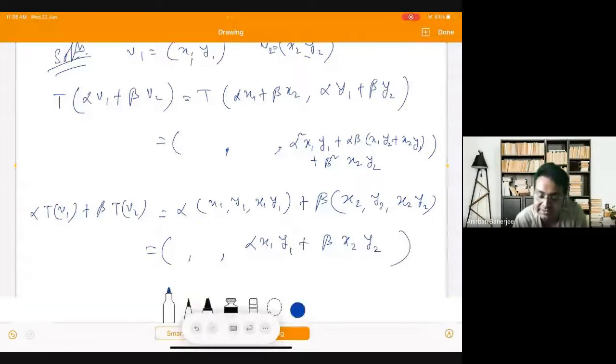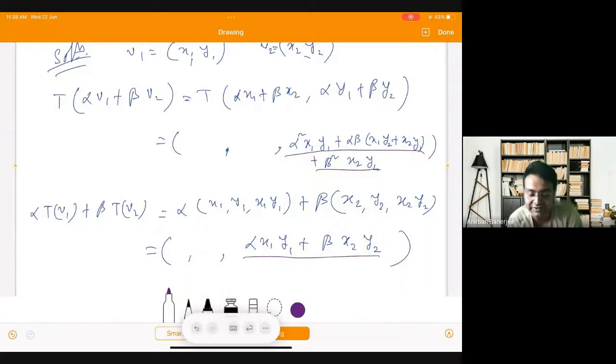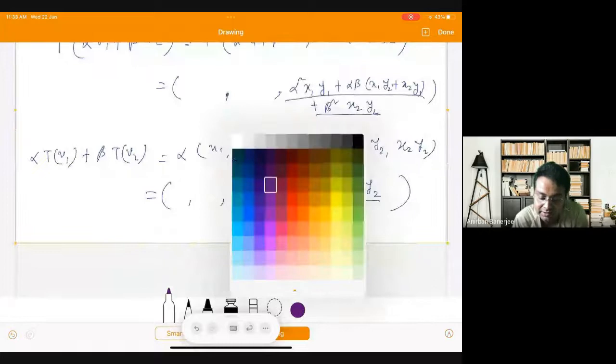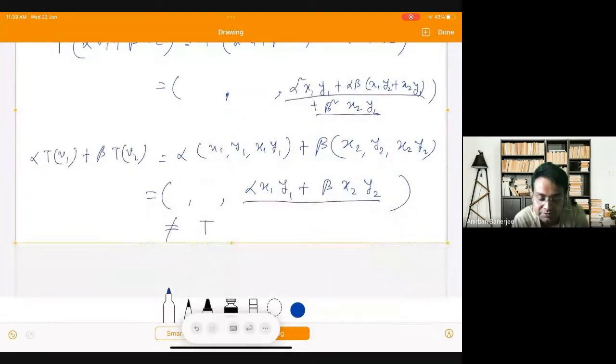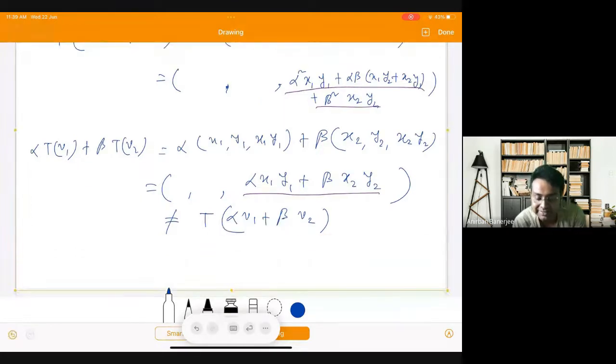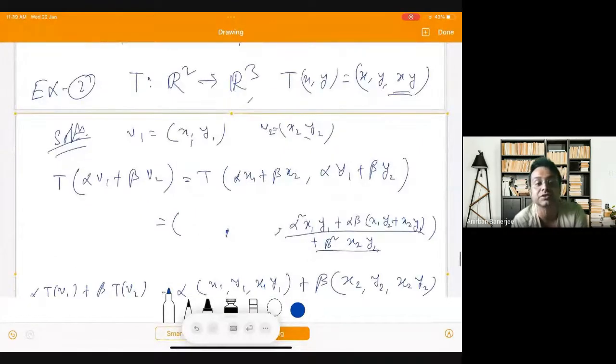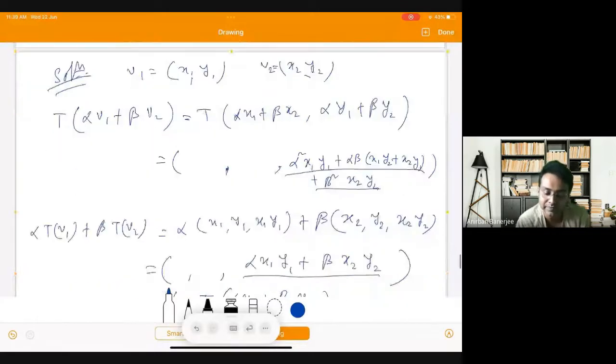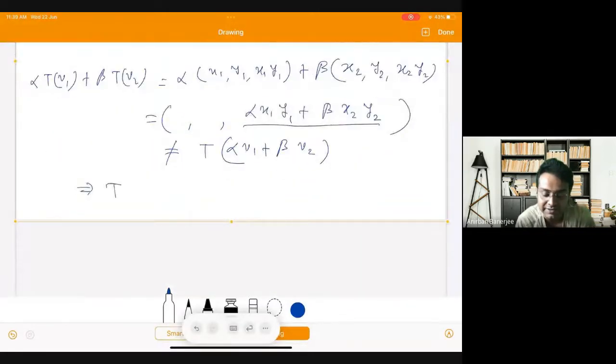And what you can see is that here the third coordinate was this quantity, but there the third coordinate was this quantity. So definitely this will not be equal to T of alpha v1 plus beta v2. And that's why in this case, this transformation T is not linear.